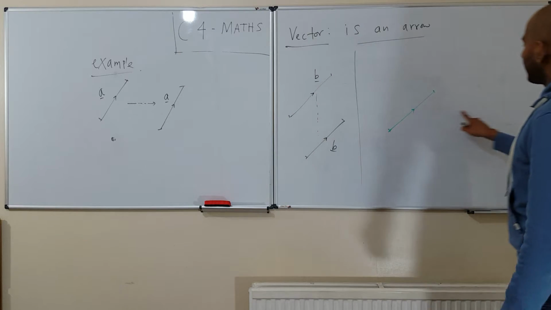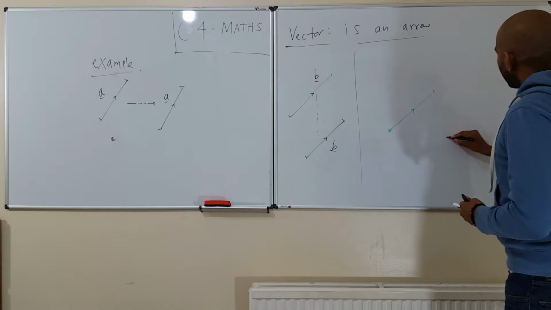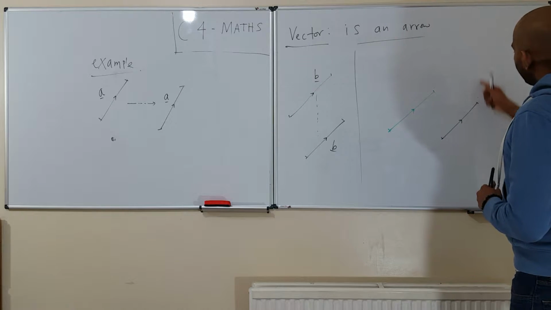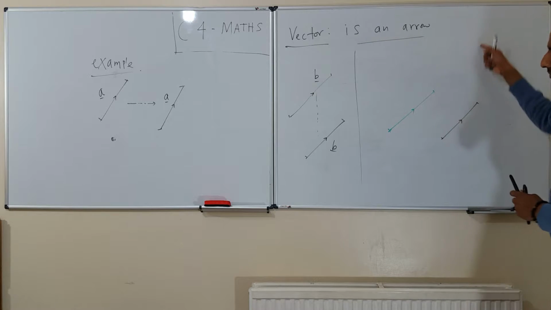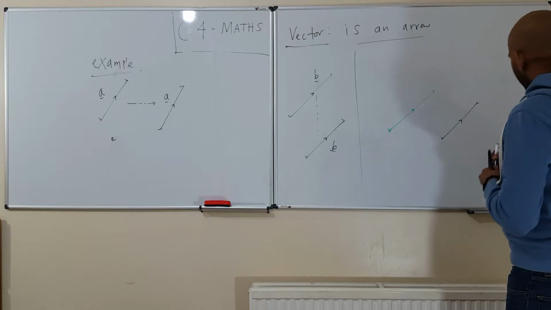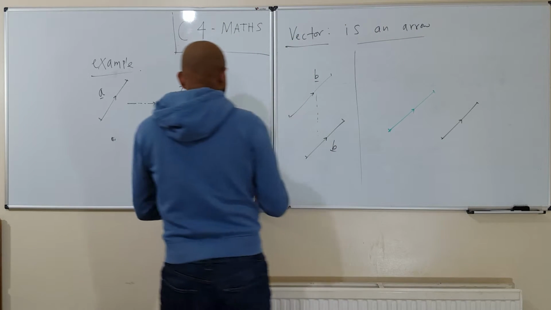I can first translate the vector across like this, and now I can translate upwards. They're all the same thing.